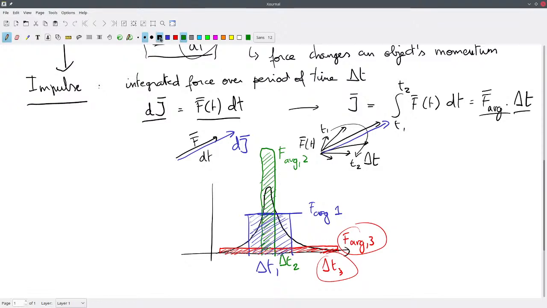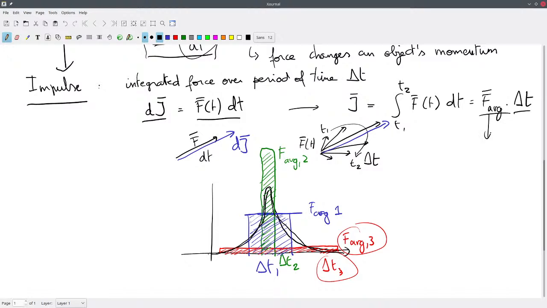And it's going to be, of course, exactly the same as the integral underneath the curve, the surface area underneath the exact curve. But what the average forces and the delta t's allow us to do is sort of ignore the exact behavior of the force, and instead we can just replace it by two numbers, an average force and a delta t.